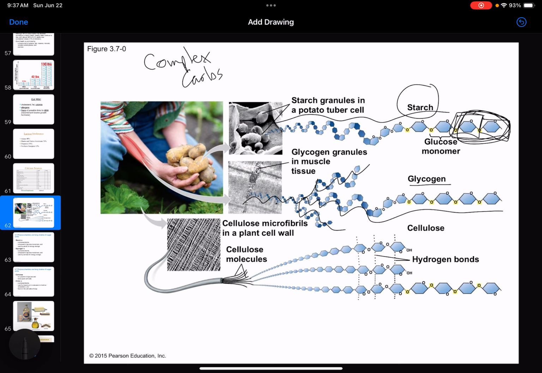Athletes that train for marathons or long endurance activities like triathlons or long cycling races, right? Tour de France, for example. All of those athletes know to do something called carbo loading.